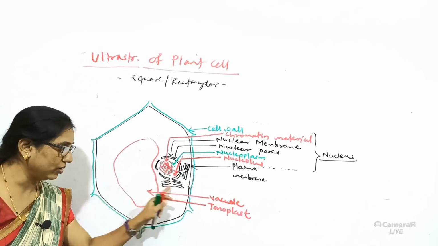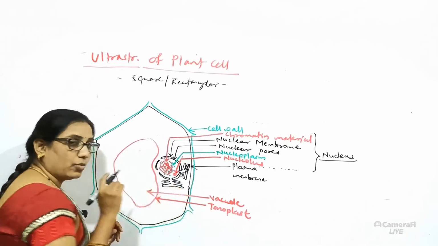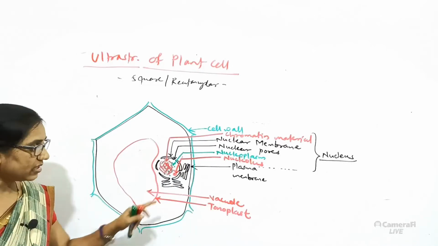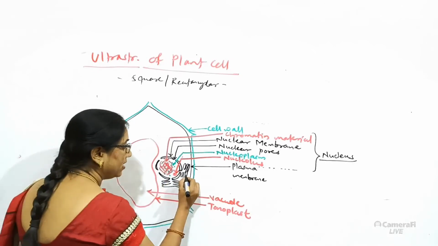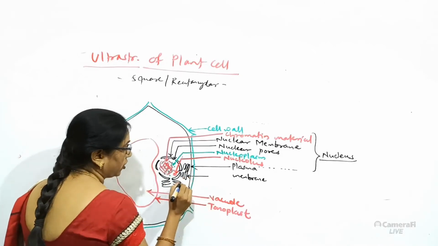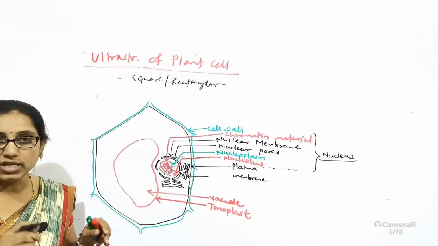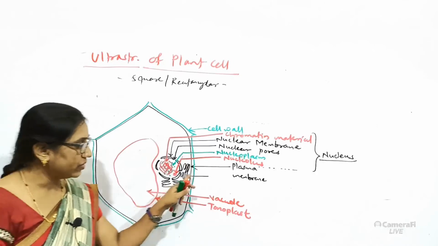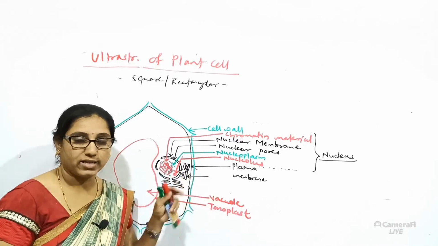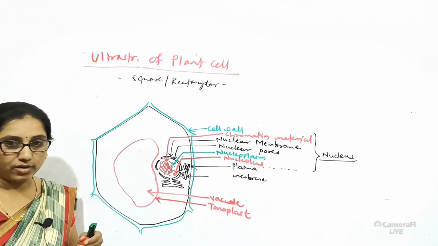Commonly, I have drawn up to this point only, but generally, most commonly, they extend from the nuclear membrane to the plasma membrane. And what are these extended tubular structures called? Endoplasmic reticulum. So these extended structures are called the endoplasmic reticulum.